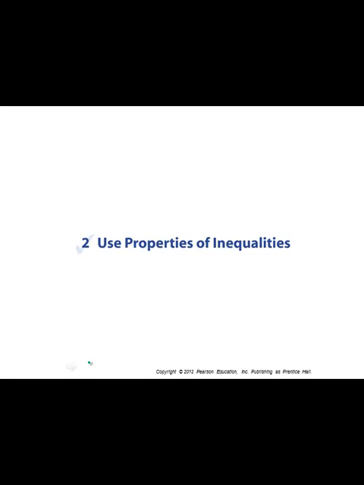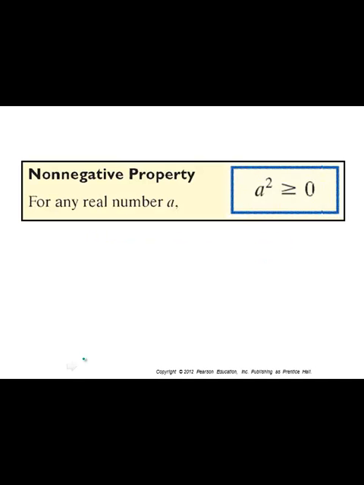Okay, here we go. We're now going to talk about how, when we go about trying to solve an inequality, we'll have to perform certain operations to both sides of an inequality.